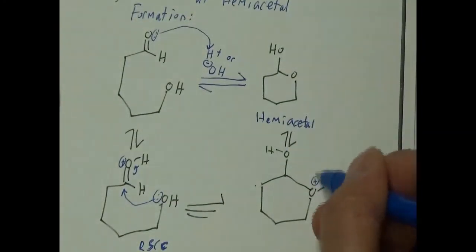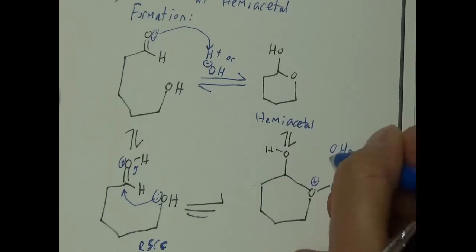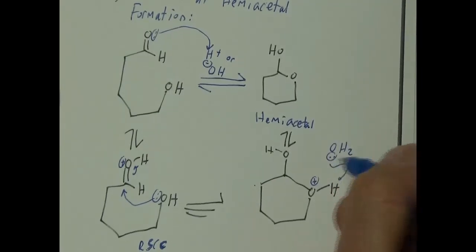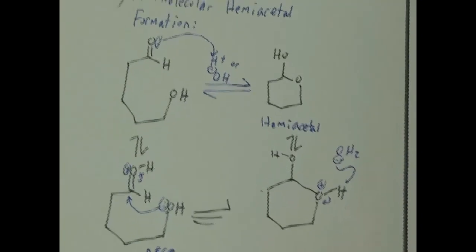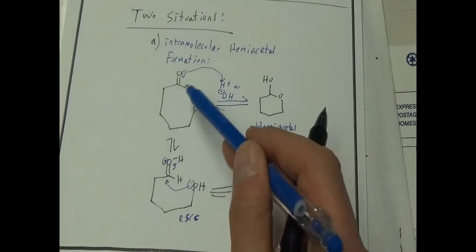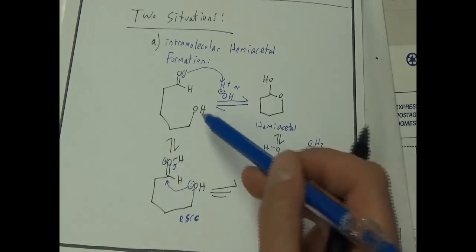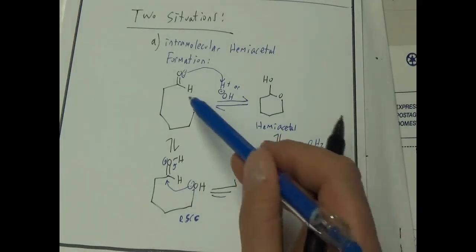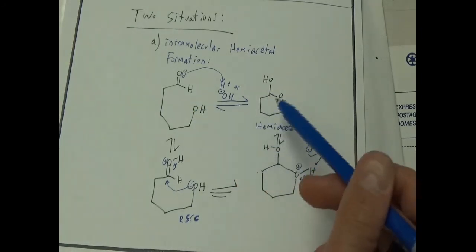And what do we have to do? Take off the proton with water or something. And that is all there is to it. That's your first example of an alcohol reacting with an aldehyde or ketone to make a hemiacetal.